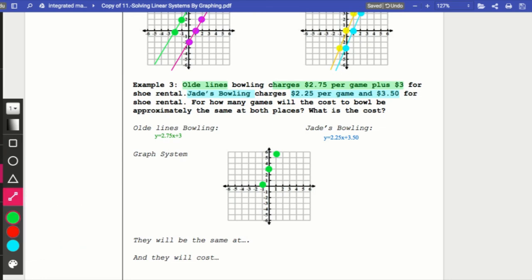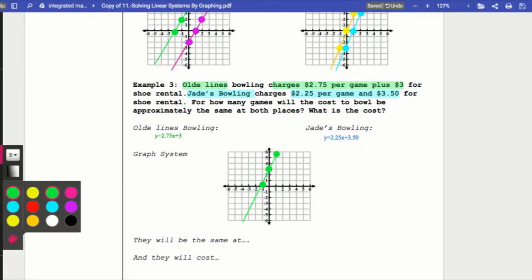I'm going to go ahead and draw my line using green. And then Jade's Bowling starts at 3.50, which is about right there. And she's going up 2.25.